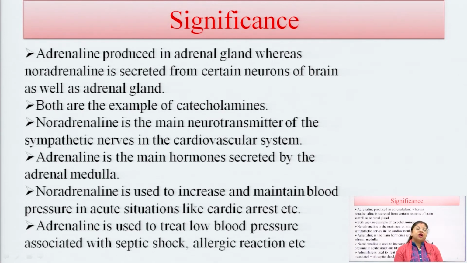Both are examples of catecholamines, and these catecholamines are the main neurotransmitters of sympathetic nerves in the cardiovascular system. So noradrenaline and adrenaline work as neurotransmitters of sympathetic nerves, and adrenaline, which is the main hormone of the adrenal medulla, may cause an increase or maintenance of blood pressure.